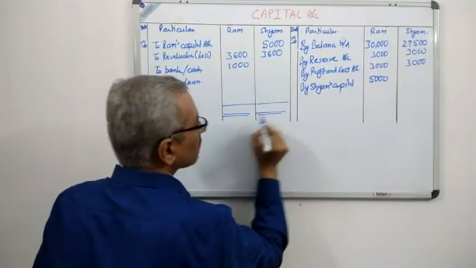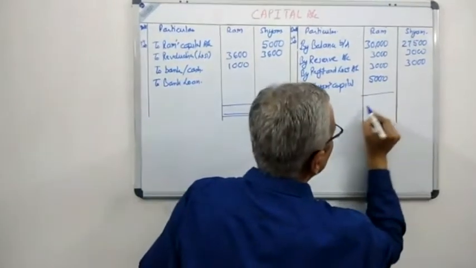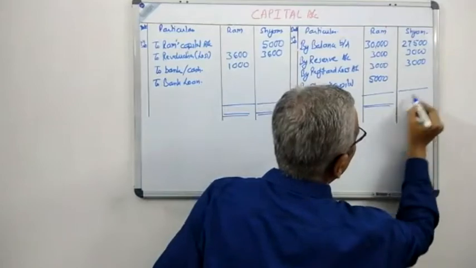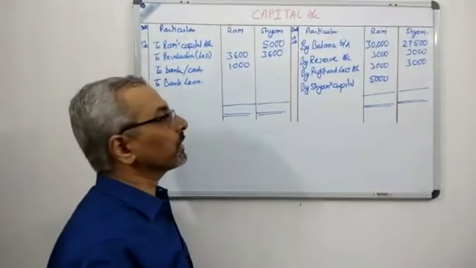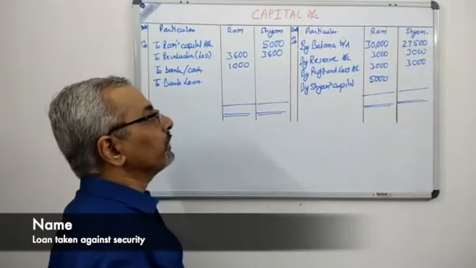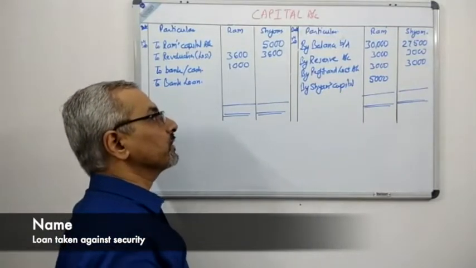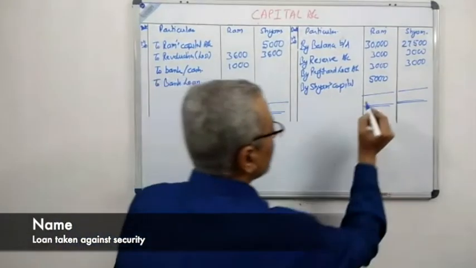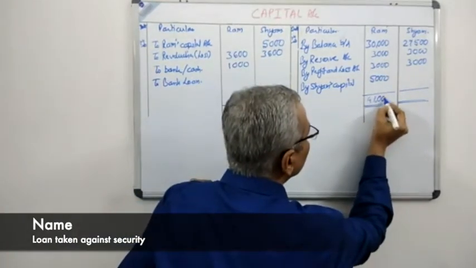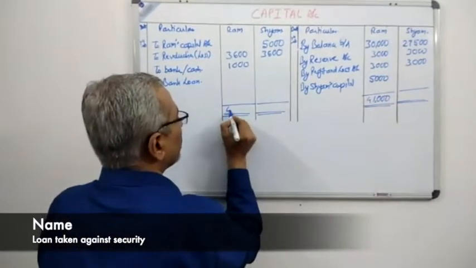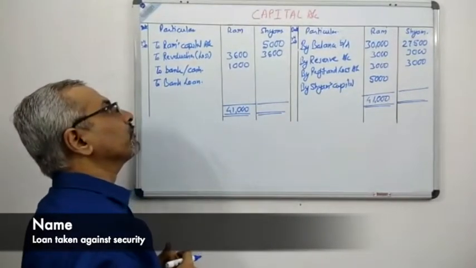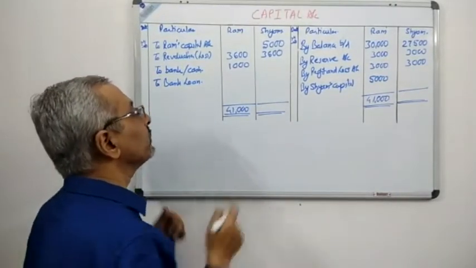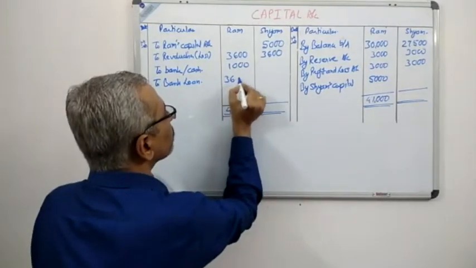So now we'll do the additions. We'll find out the loan and we'll also find out the balance of Shyam, who is the continuing partner. So let us add. We have 30,000 plus 3,000 plus 3,000, 36,000 plus 5,000 gives us a total of 41,000 over here. Now 41,000 minus 1,000 gives us 40,000. 40,000 minus 3,600 will give us 36,400.